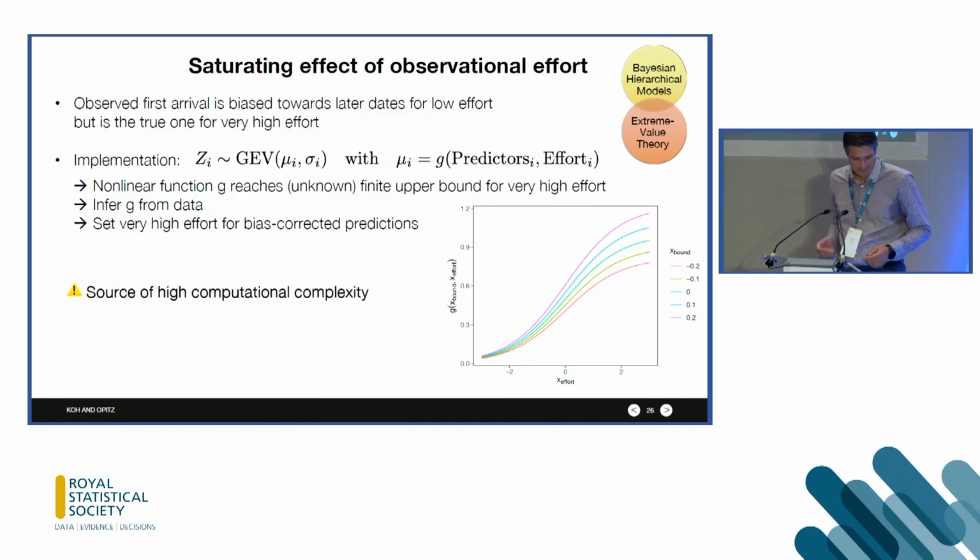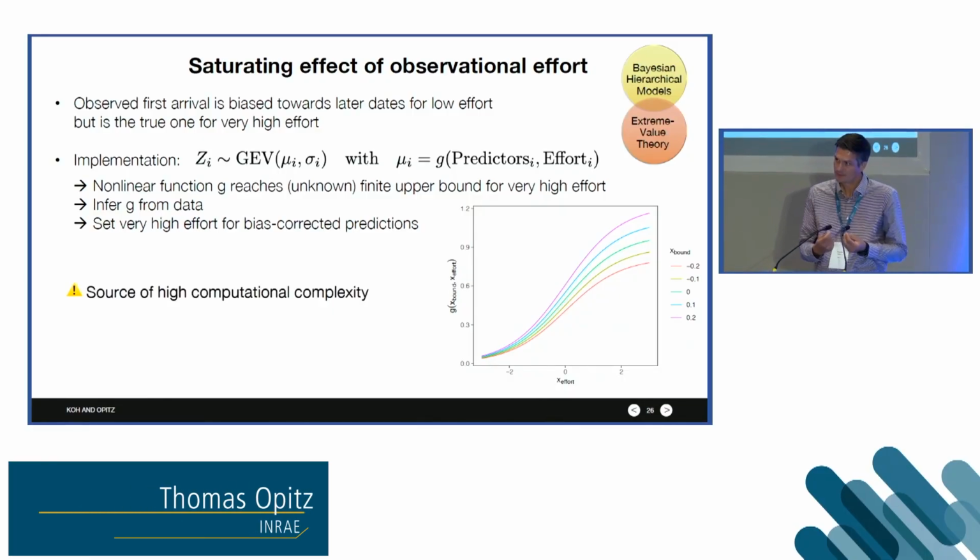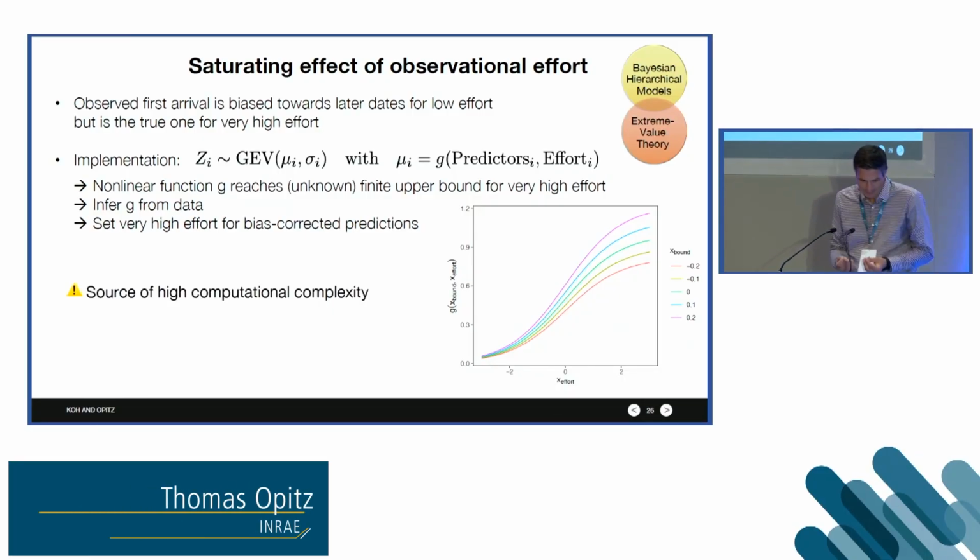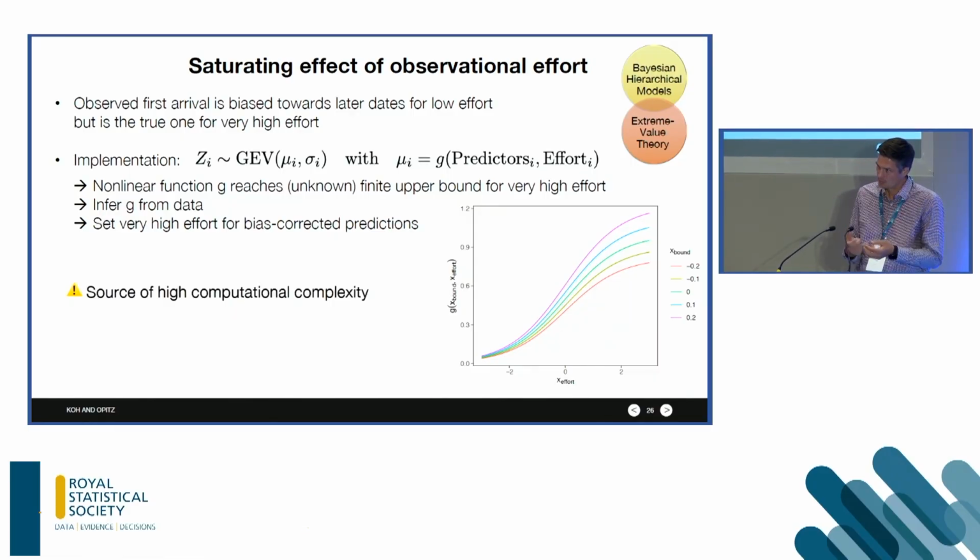Yeah, so a key modeling assumption that we make is that the observed first arrival dates will be later when the observational effort is very low, but we'll observe the true first arrival dates when we have a relatively high effort. So there's a saturation effect, and we implement it in the generalized extreme value distribution through its position parameter mu. So you have this G function, which is nonlinear and parametric, and it will have a finite unknown upper bound for very high effort.